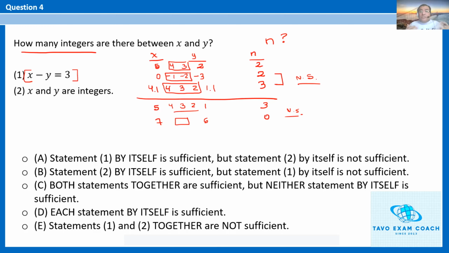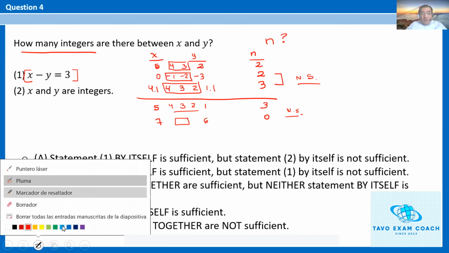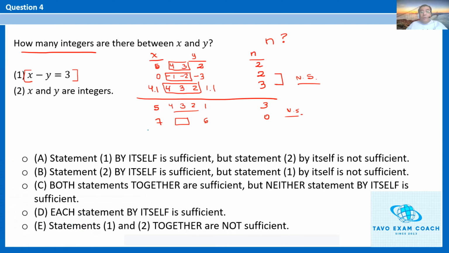So what are we supposed to take as the next step? Well, we need to try to see if the 2 statements complement each other somehow, helping each other to yield a unique answer to the question. Is that the case? Well, we might evaluate this. Consider what happens when we just evaluate values for x and y that have a difference of 3 and are both integers.